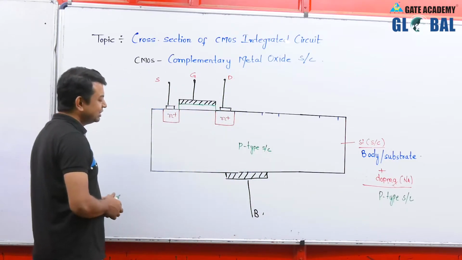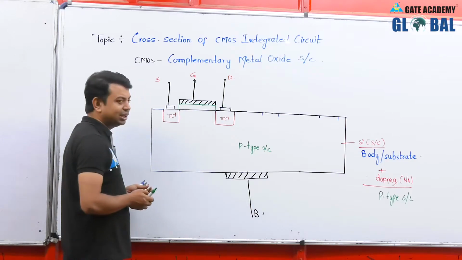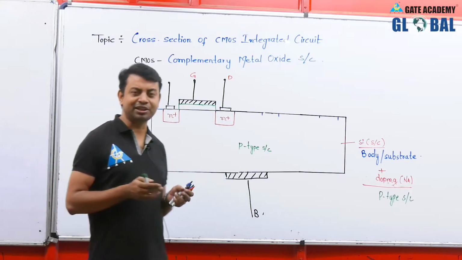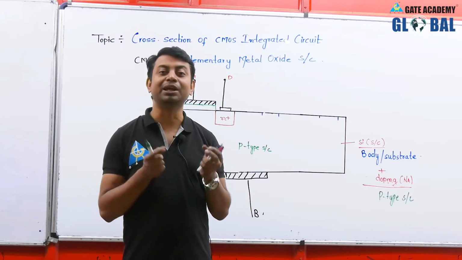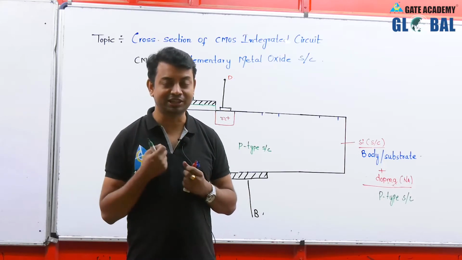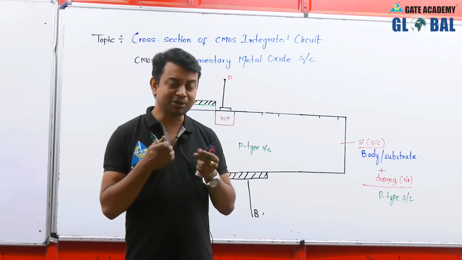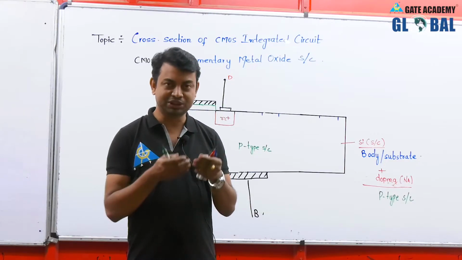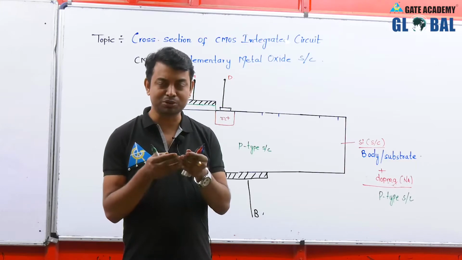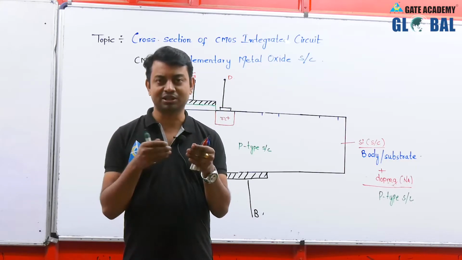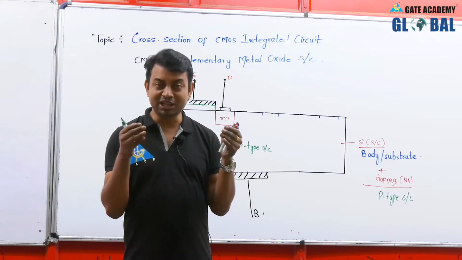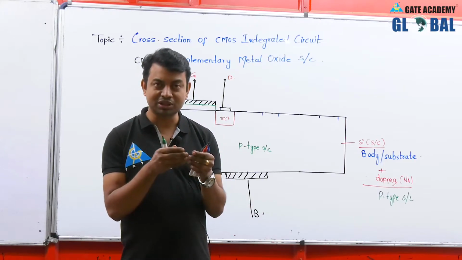So since we are implementing many CMOS in an integrated circuit, approximately 1 lakh CMOS in a particular chip, these CMOS are connected very close to each other. If these CMOS are very close to each other, we have to isolate one MOS from another.